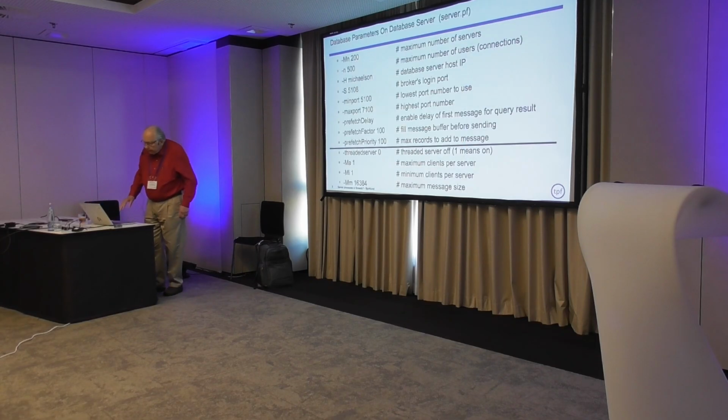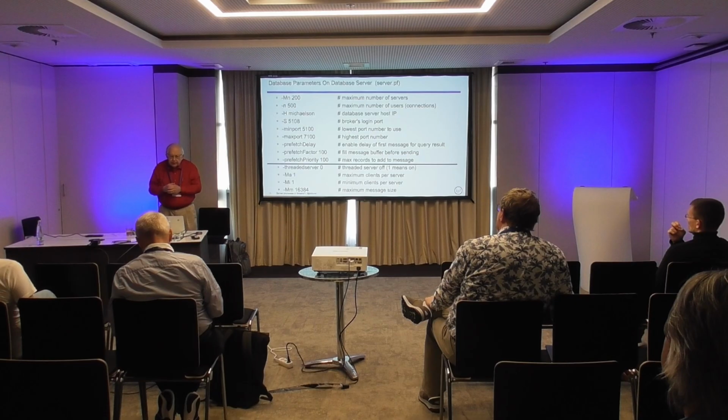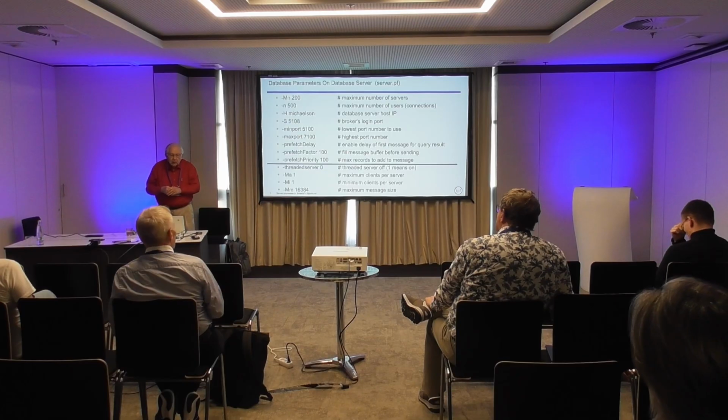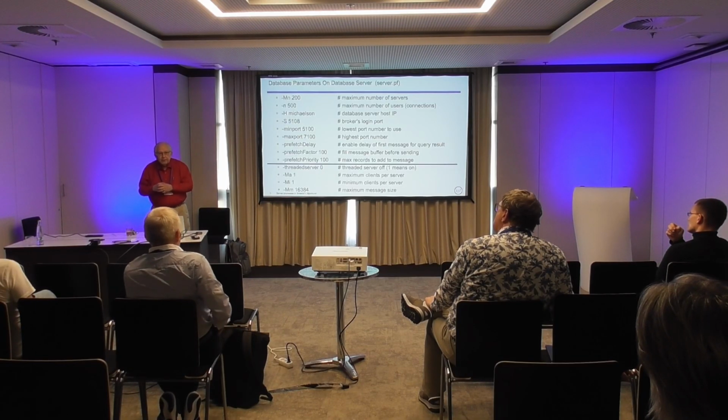Now, here are all the database parameters related to networking, which are on the server. And this black line, two-thirds of the way down: all the stuff below that line we have tinkered with in this test.